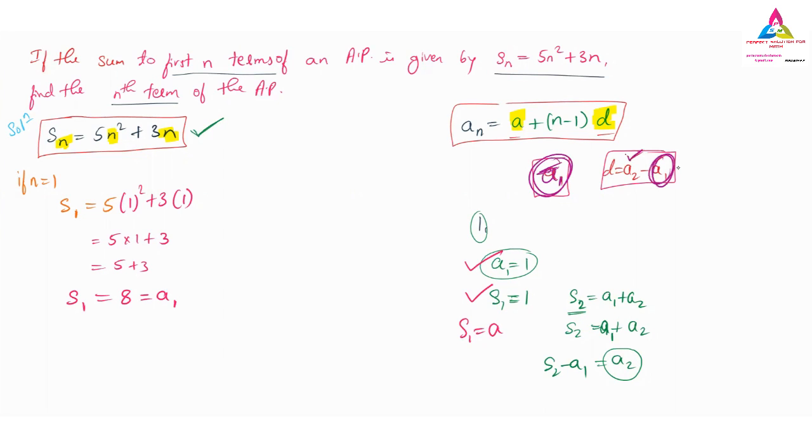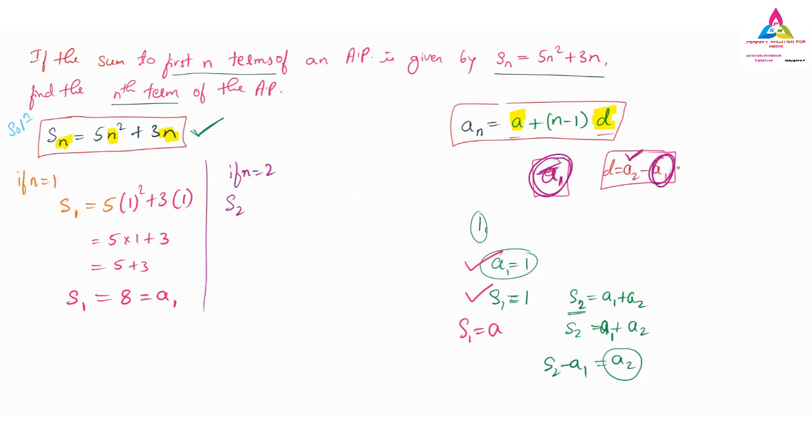We now need to find the a2 value. To find that a2 value, we will go for s2. Here we put n equal to 2, because we need the value of s2 to find a2.